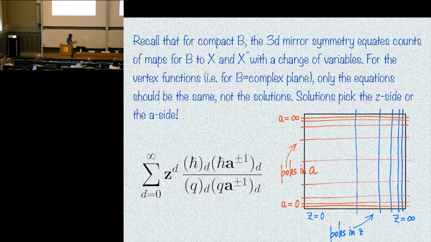Whereas in A, it has poles all over. There are two solutions here, and one of them gets poles accumulating here, and one of them gets poles accumulating there. So the fundamental solution of this equation near z equals 0, which we call the z solution, can't be equal to the A solution, just because their singularities are different. Make sense?